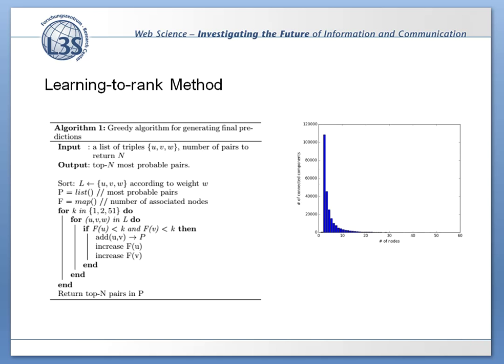First, we compute the distributions of number of connected components given number of nodes in the user ID graph, and we try to generate predictions that follow the same distributions as in the training file. And for doing that, we propose a greedy algorithm to make sure that we have the same distributions as we observe from the training file.